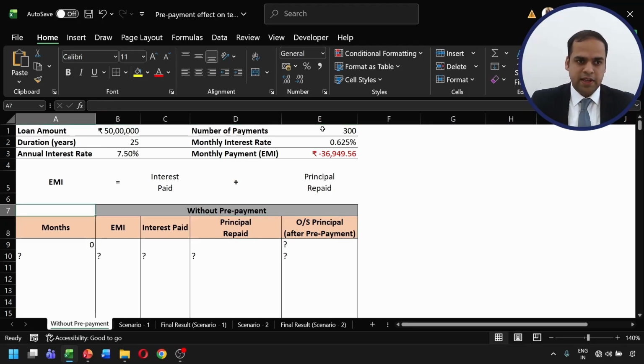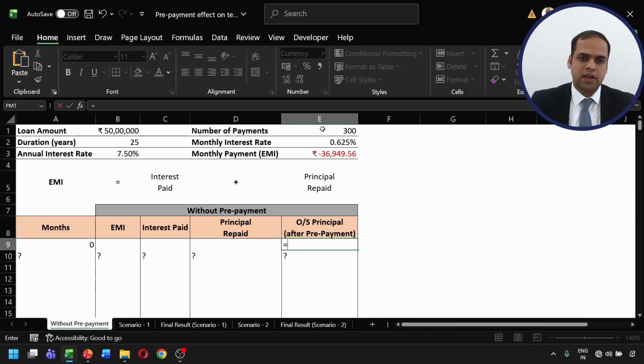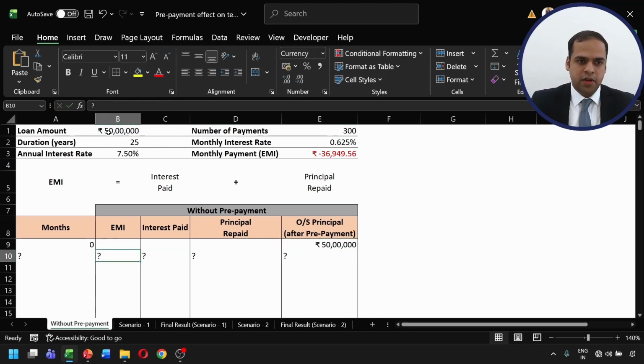Now we know that EMI is equal to interest paid plus the principal repaid. So we now make an amortization schedule. At the 0 month, our EMI is nil, our interest paid is nil, and the principal repaid is nil. And the outstanding principal is the initial loan we have taken, which is 50 lakh rupees. And the number of payments are till 300 months.